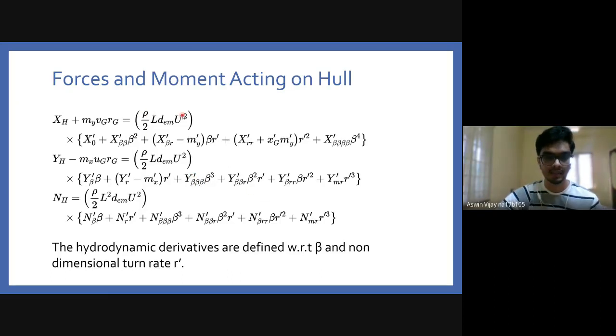And you can see here this rho by 2 term with the non-dimensionalization parameters, and the xh is actually xh plus something, which gives us this whole term, which constitutes the force and moments that are acting on the hull.